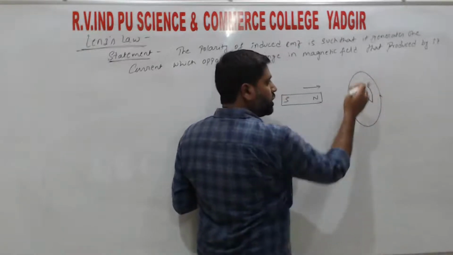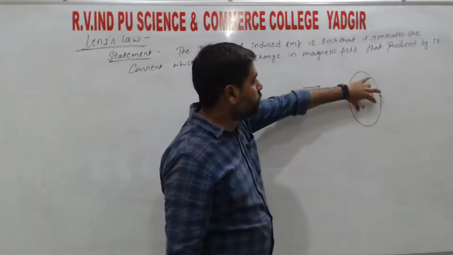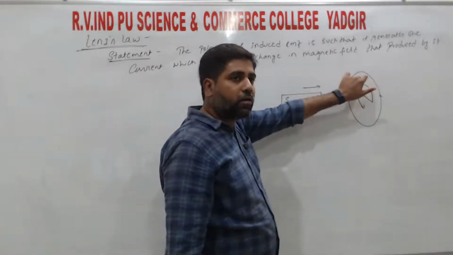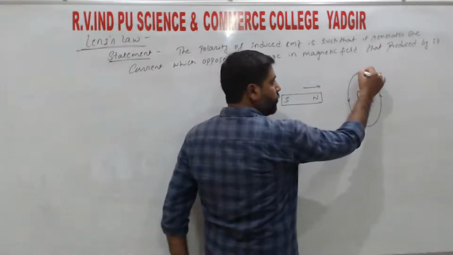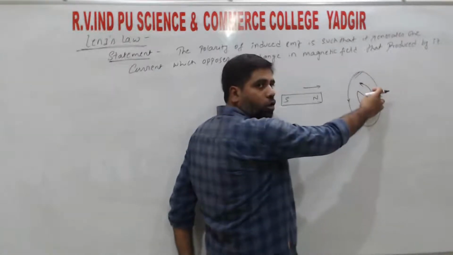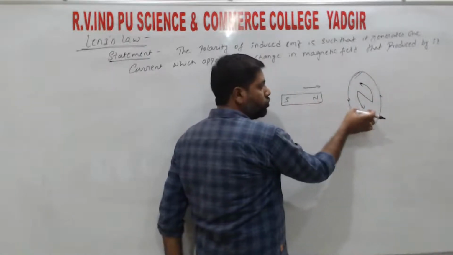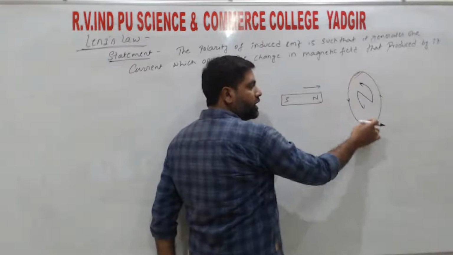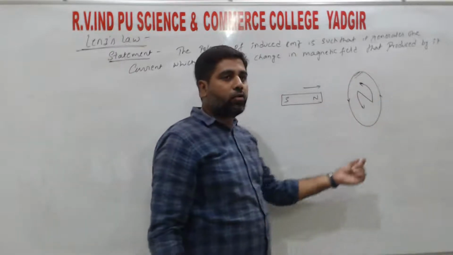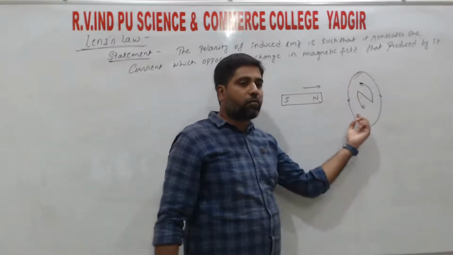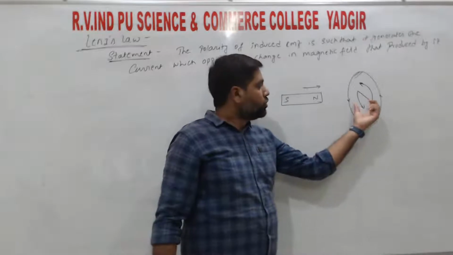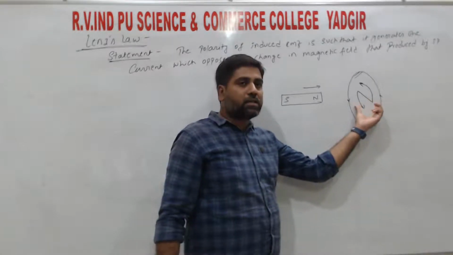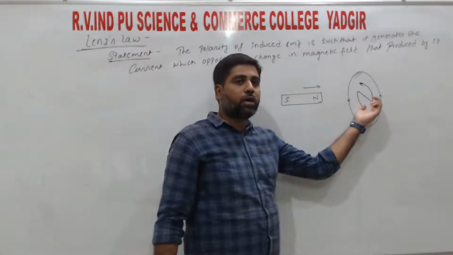So the current flows in the anti-clockwise direction, which means this face acts as a north pole. When the magnet is moved towards the coil, the coil generates current in the circuit moving anti-clockwise, so this coil acts as a north pole of the magnet.